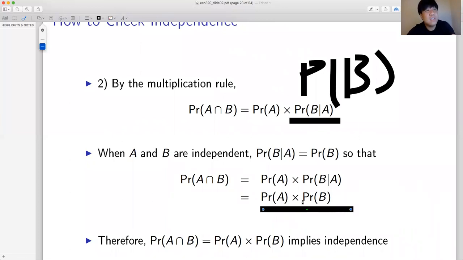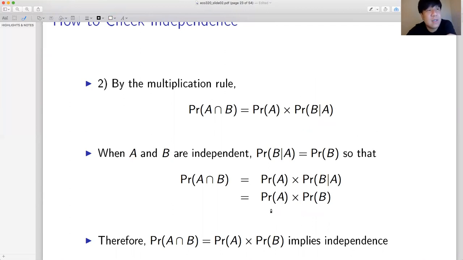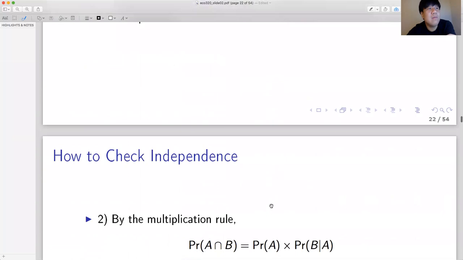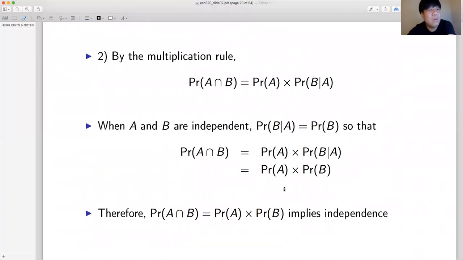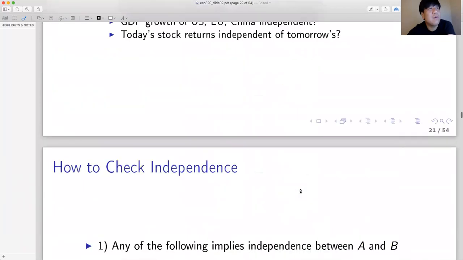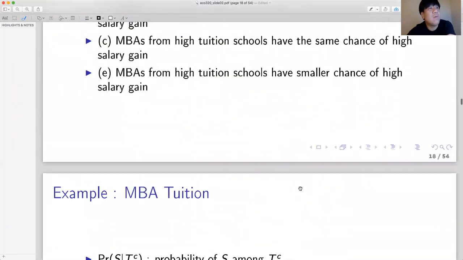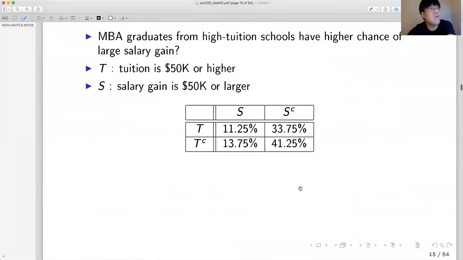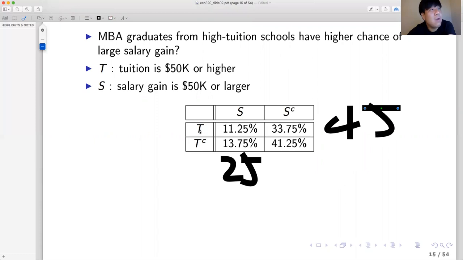So this is actually mostly used in statistics. All the equations give you the same result, but sometimes this one is super easy to check. For example, we were able to find the marginal probability. What is the marginal probability of S? Adding these two numbers is 25%, right? So probability of S equals 25%, and probability of T equals what? The summation of these is 45%. And you can check, okay, is the probability of T intersection S the multiplication of these?